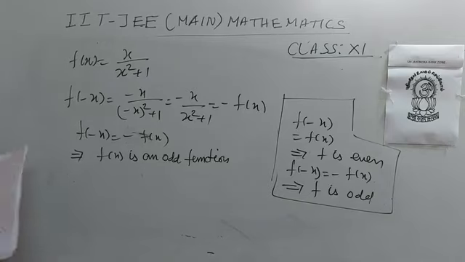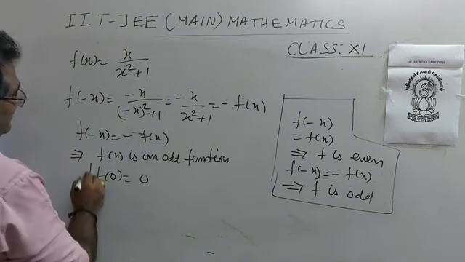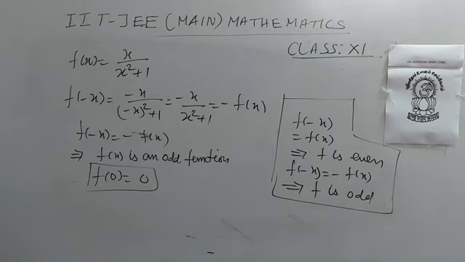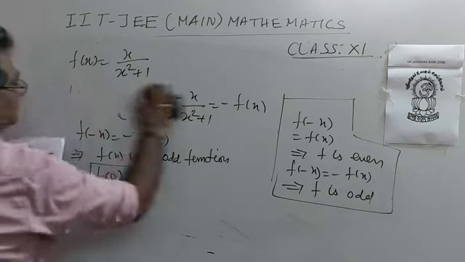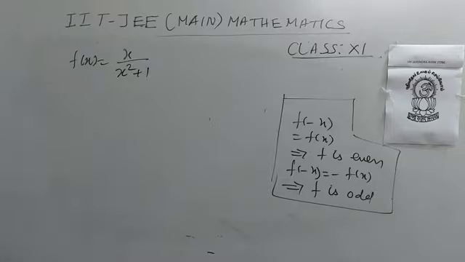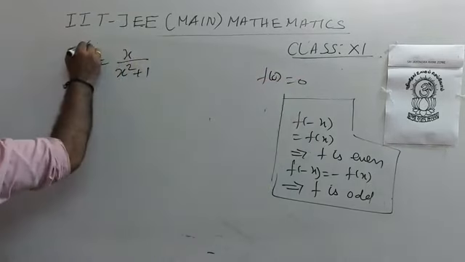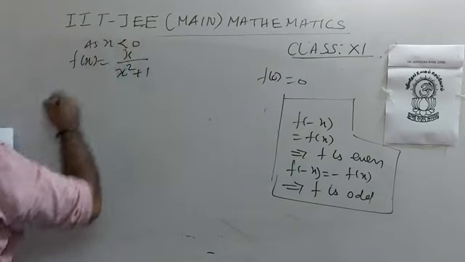Also, for the function from R to R, I take f of 0. F of 0 is equal to 0. So you have to find the range. You have found f of 0 equal to 0, and x less than 0 is handled by oddness.